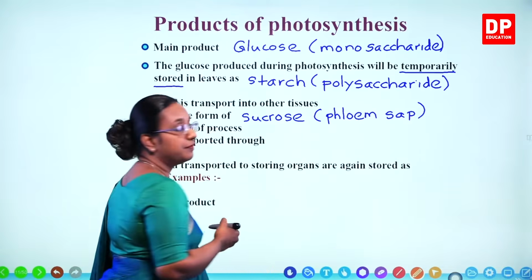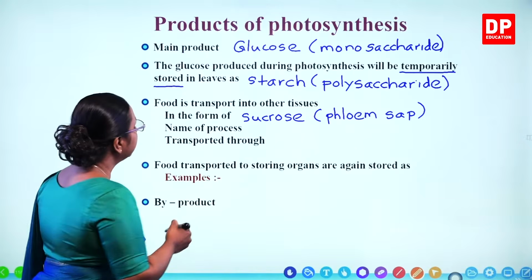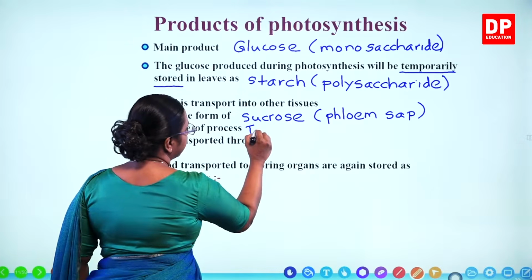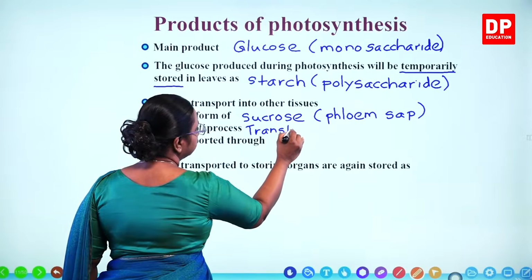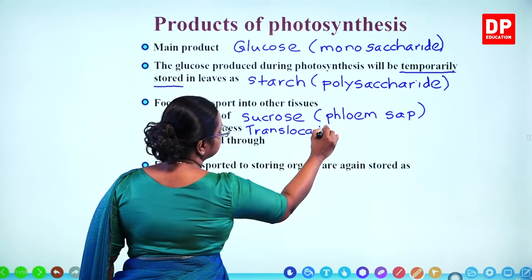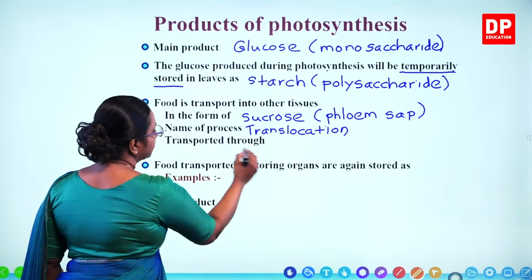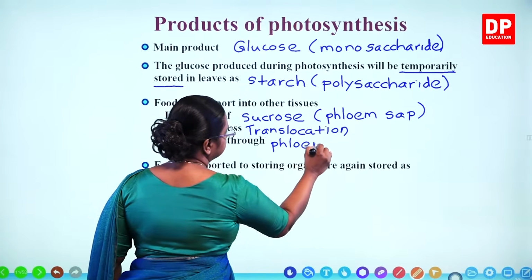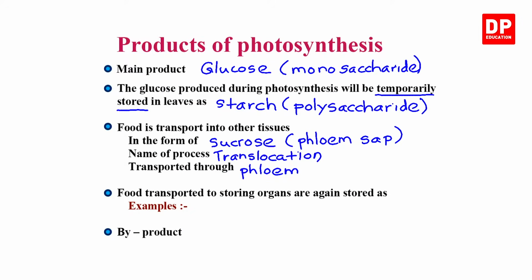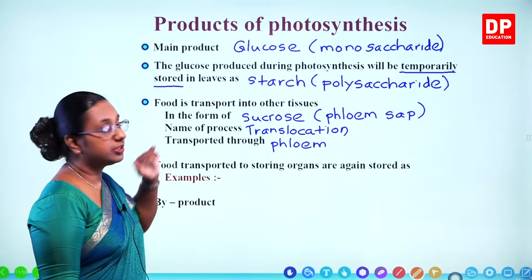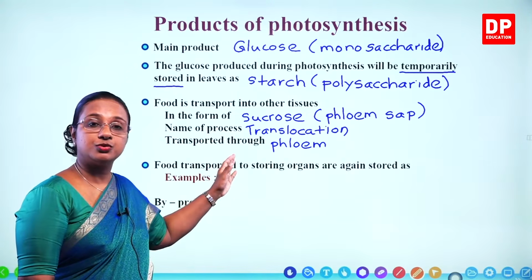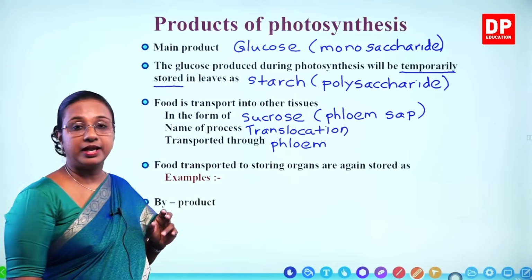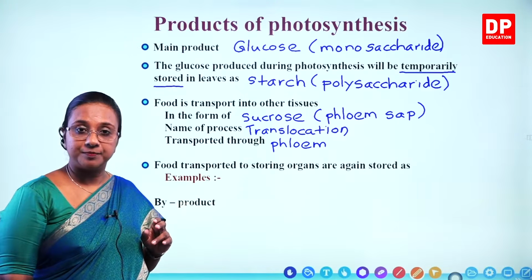These are all familiar to you. And the name of the process is translocation, and also it is transported through the phloem. And this is how the food that is produced, that is glucose, is converted to starch and then to sucrose and is translocated by the phloem.